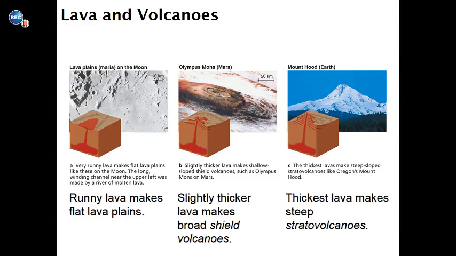So we see a few of these on Earth. Earth has even thicker, more viscous lava, and you can build up steeper stratovolcanoes. So I'm sure you talked about this in some science class in middle school. But the gist of it is different types of volcanoes are coming from the thicknesses of the lava that can flow.